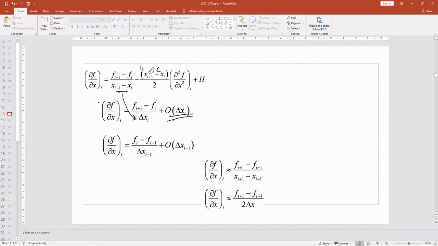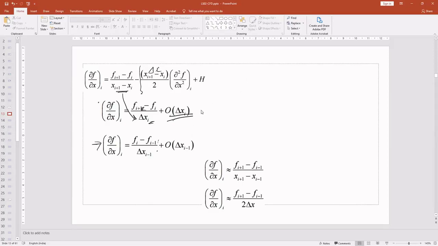So the truncation error will be in the order of delta x. Here, f of i plus 1 and f of i are needed, so the properties at two points are needed. Then the same approach is applied on the second equation, that is, toward backwards. With the i minus 1 point, the equation becomes like this.